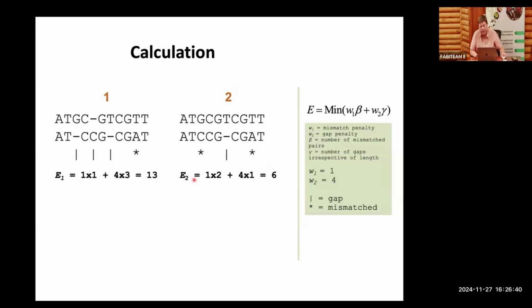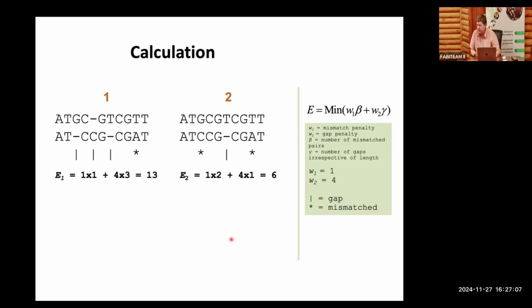Where do we get 6? Well, we have 2 substitutions with a weight of 1, and we have 1 gap with a weight of 4, so 4 times 1 plus 1 times 2, that's 6. Here we have the 3 gaps with a weight of 4 and 1 substitution with a weight of 1, and you can calculate that, and that will get you to 13.